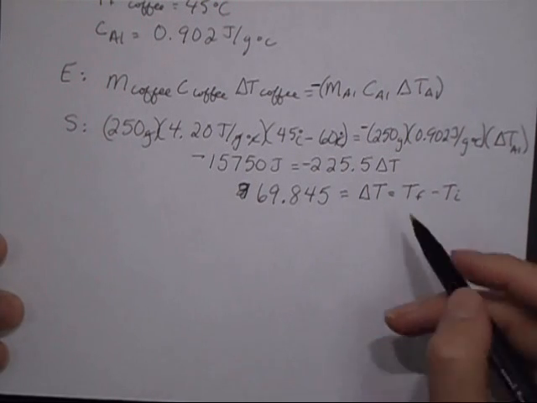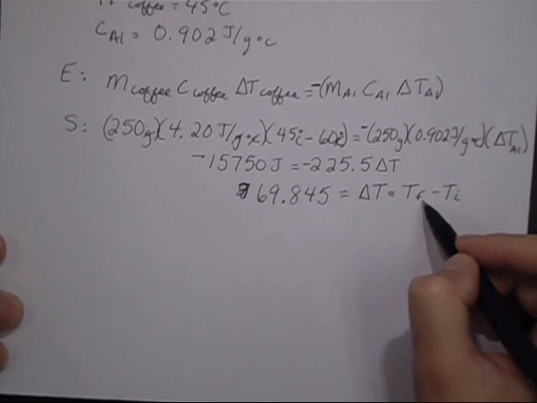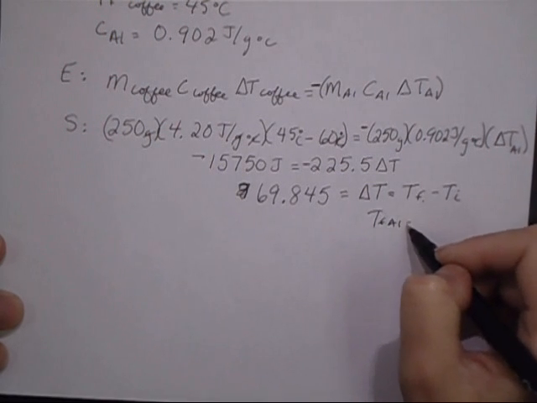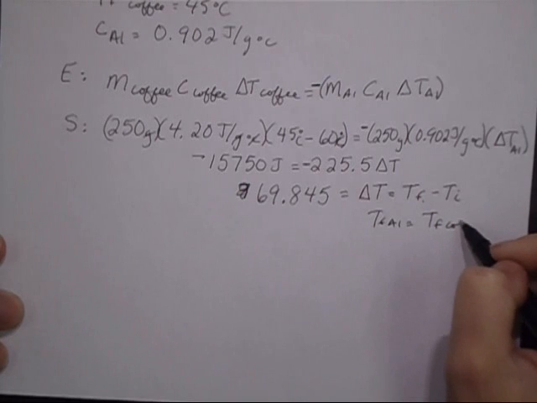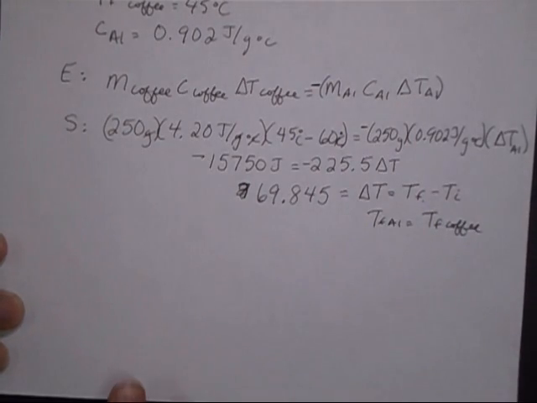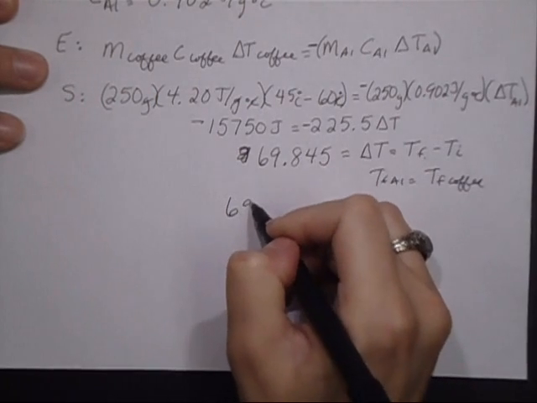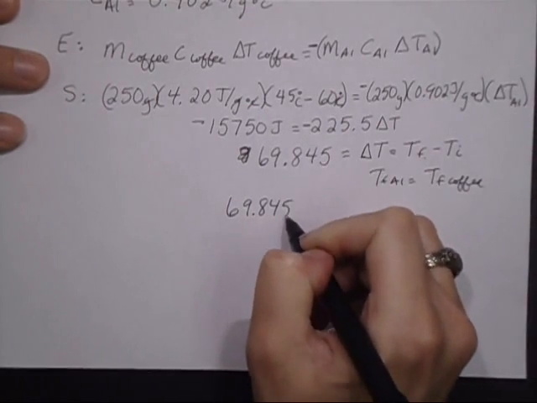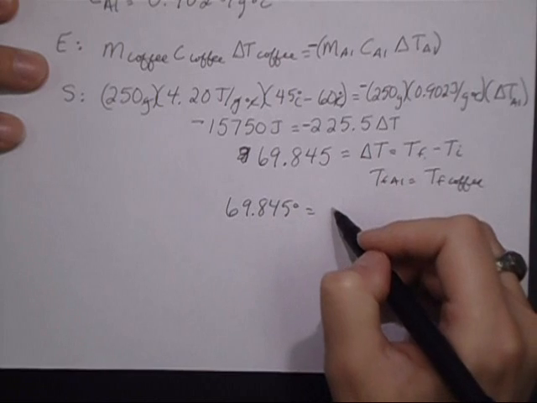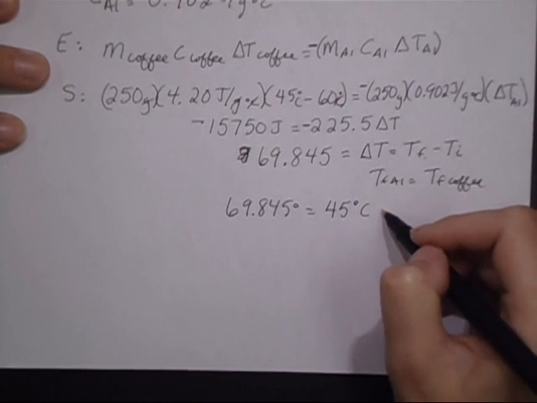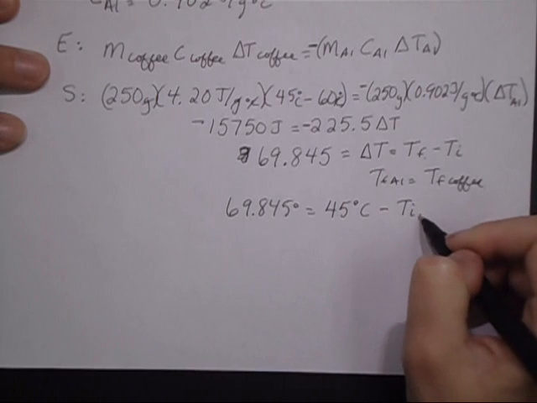So that means that our final temperature for our aluminum has to be the same as the final temperature for the coffee. And that was 45 degrees C. So we have 69.845 degrees equals T final was 45 degrees minus T initial.